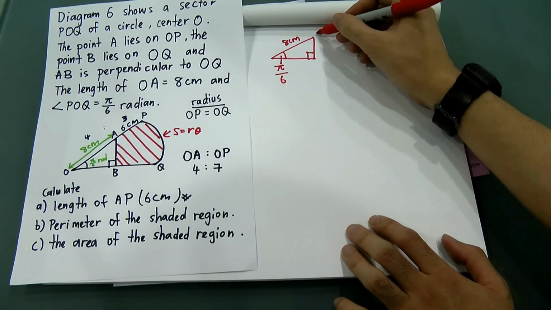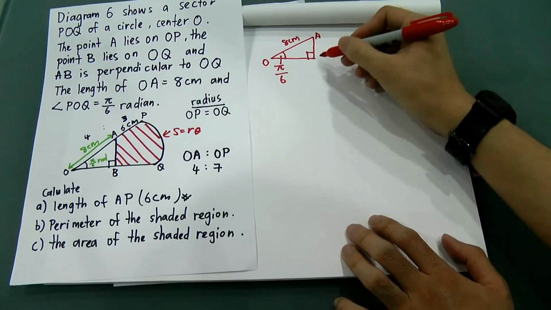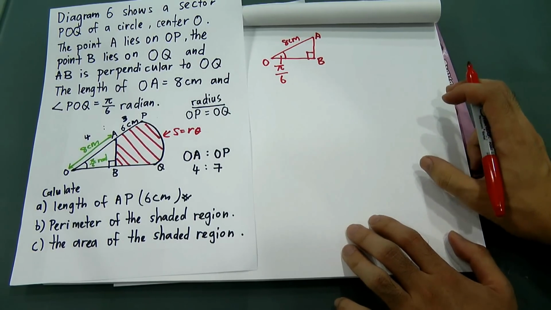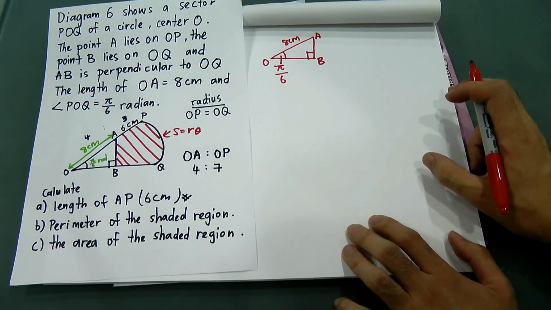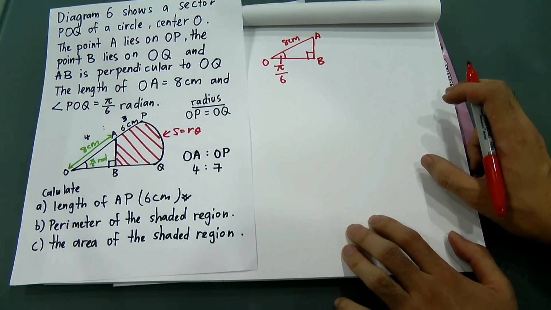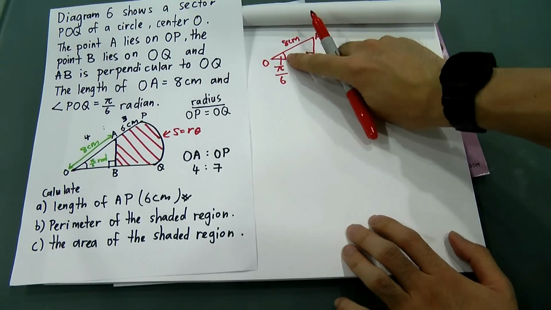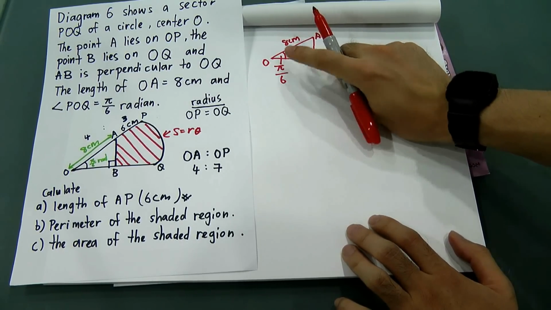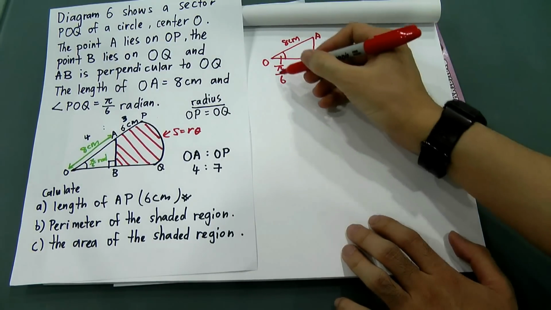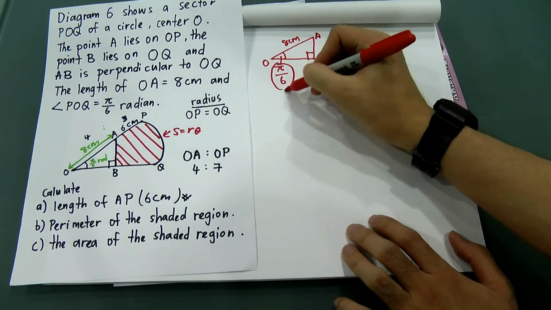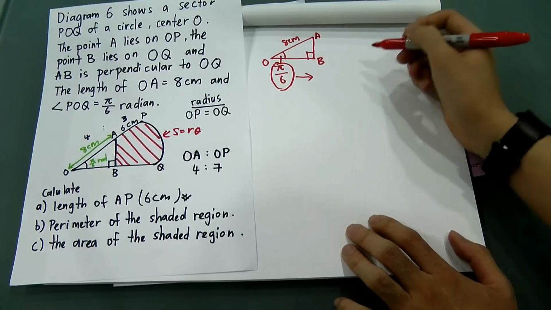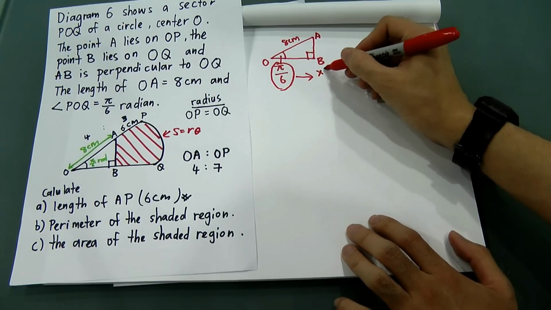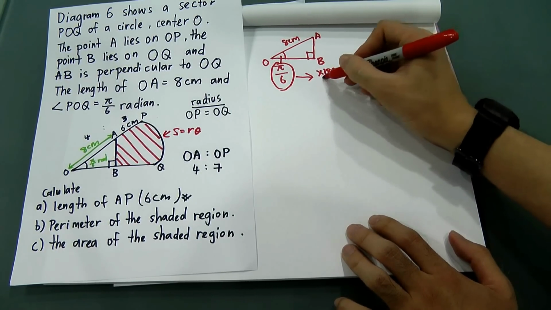Here is A, O, and B. In order to apply sine, cos, or tangent, a very important thing is you must change the angle from radians to degrees. So how to change to degrees? You have to multiply by 180 divided by pi.